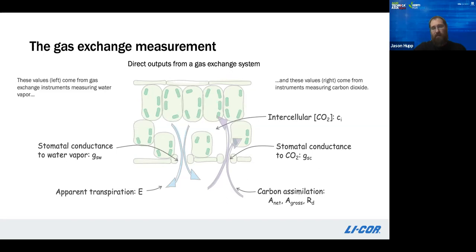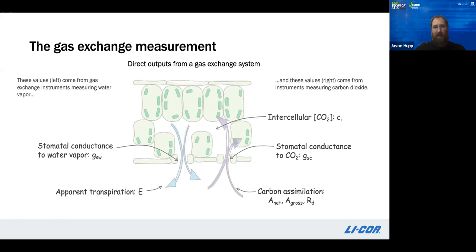From these fluxes, the transpiration and the assimilation rate, we can apply a fixed first law of diffusion analogy. And from that diffusion analogy, we can start to partition the diffusive pathway between the atmosphere and the inside of the leaf to give us information about the limitations to those gas movements.